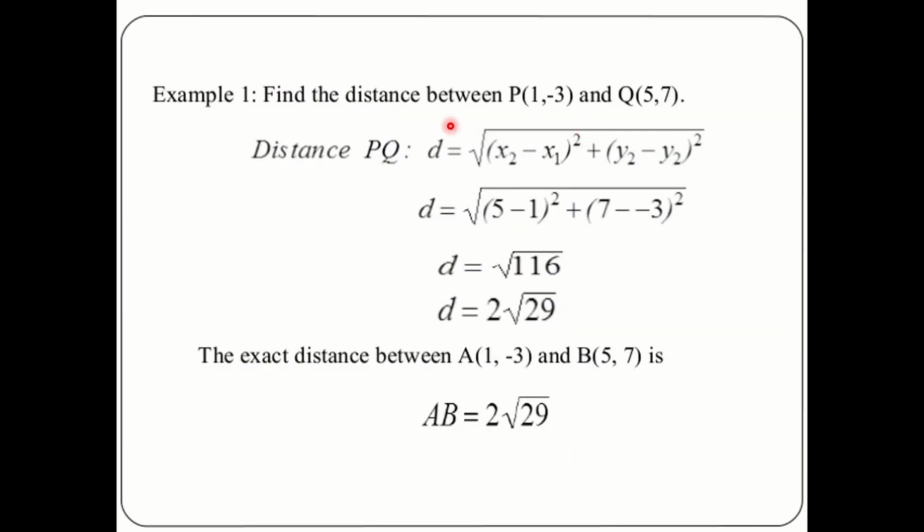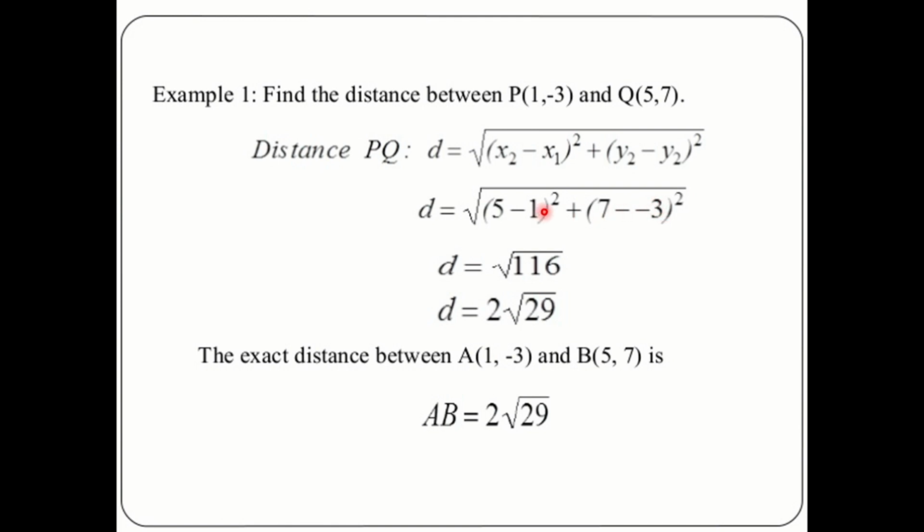Find the distance between the points P(1, minus 3) and Q(5, 7). The distance PQ is equal to square root of (x2 minus x1) square plus (y2 minus y1) square. We know x1 is 1, y1 is minus 3, x2 is 5, y2 is 7. Now 5 minus 1 whole square plus 7 minus of minus 3 whole square.